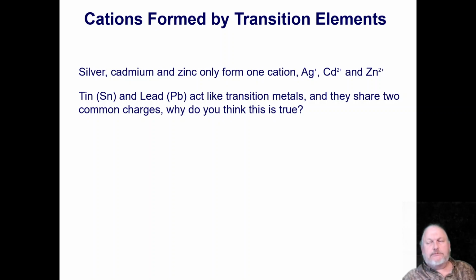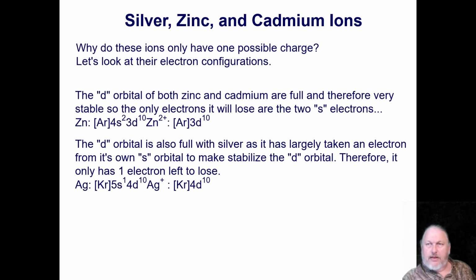Well, because most of those have those 2 p electrons, and they got 2 s electrons, so they'll lose two of those or 4 of those. Now, why do these ions only have this one possible charge, silver, zinc, and cadmium? If you look at the d orbital of both zinc and cadmium, they're full and they're stable.